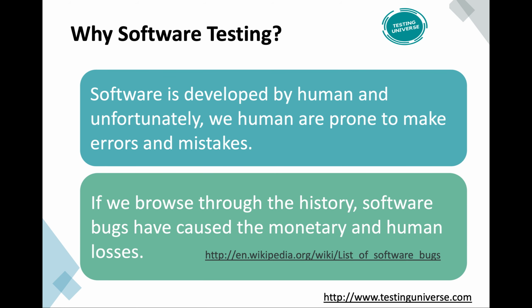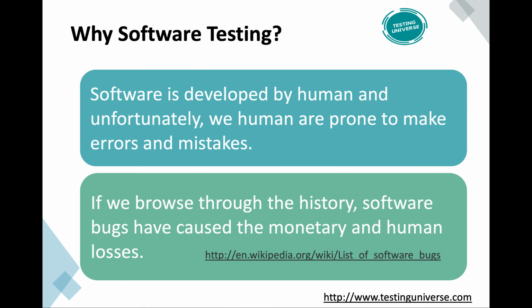So why is software testing very much important? You might have got a fair idea with that broader explanation of the definition we have taken. It is a very important phase of the software development life cycle because software is developed by humans, and unfortunately we as human beings are prone to make errors and mistakes.